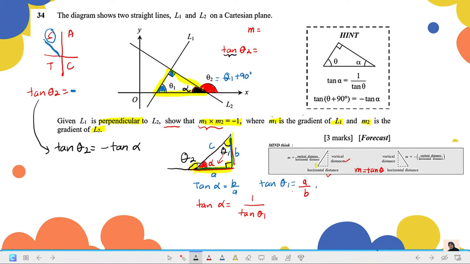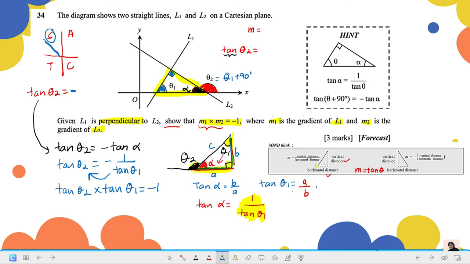Because theta 2 is an obtuse angle, so at an obtuse angle in the second quadrant, it has a negative value. So negative tangent alpha, where tangent alpha is 1 over tangent theta 1. So now we substitute it over, and you get it like this.